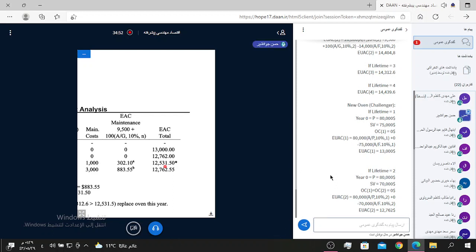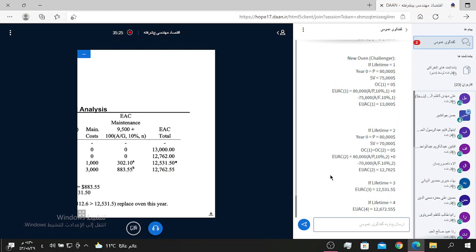And if lifetime for the Challenger was found, UAC4 equals this number. I type it in the public chat.